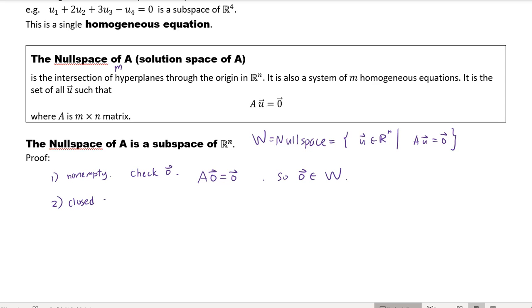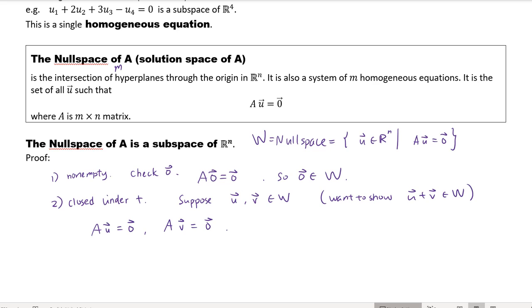Second, we want to check closure under addition. So suppose u and v are in W, and we want to show u plus v is in W. Because u is in W, it means Au is 0. And because v is in W, Av is 0.